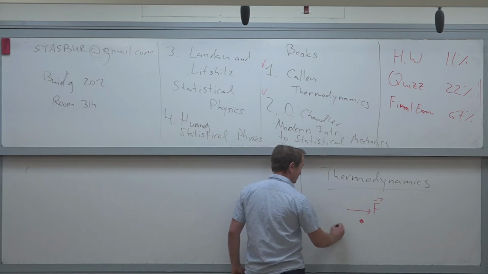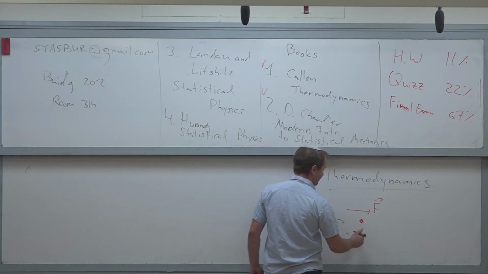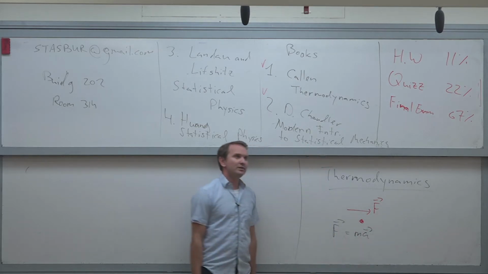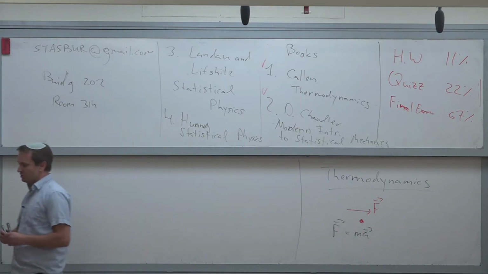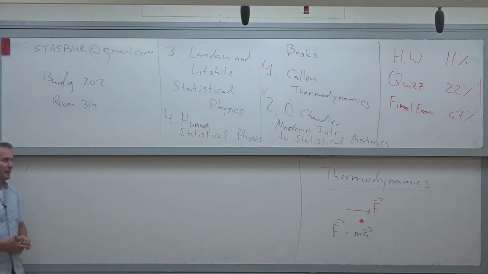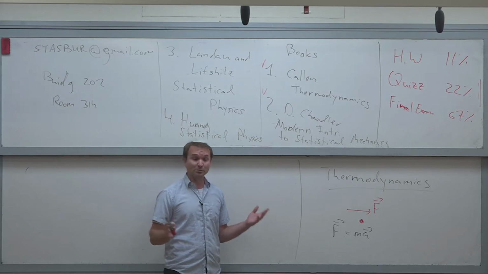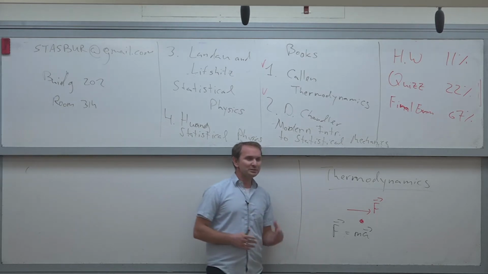So we know that F equals ma. Let's assume that the mass of the particle is not changing as a function of time. So if I have an external force and a particle, everything is simple. Sometimes it's complicated, depending on what the force is, but it's pretty simple.